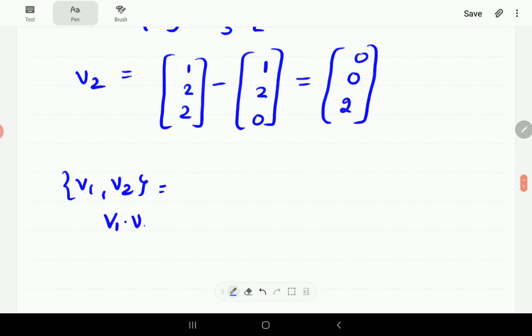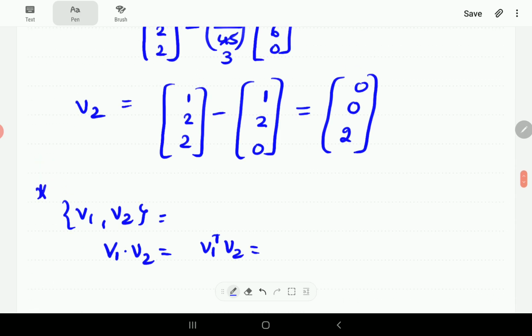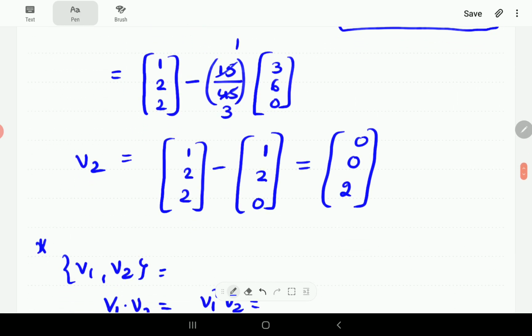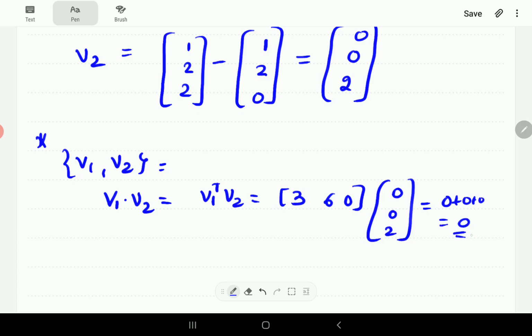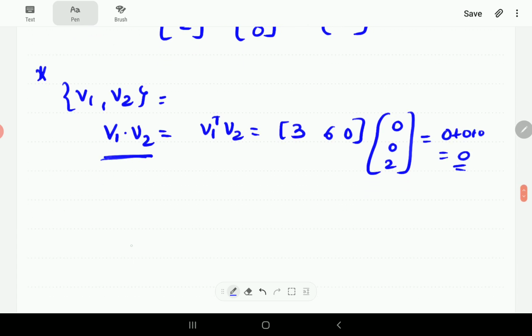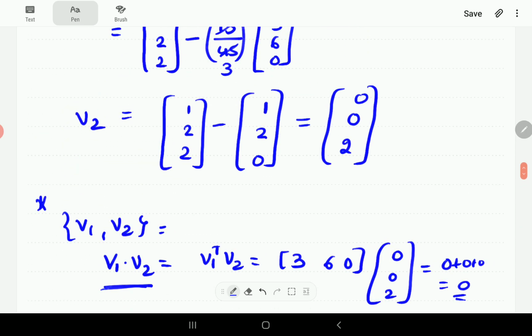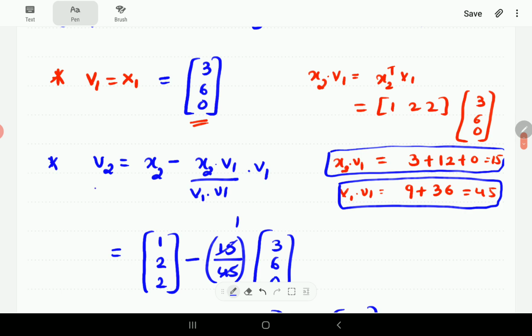So we check v1 dot v2, that is v1 transpose v2. v1 is 3, 6, 0 and v2 is 0, 0, 2. This is 0 plus 0 plus 0, which is equal to 0. So the inner product v1 dot v2 is 0, hence they are orthogonal. Therefore the v1 and v2 we have got are an orthogonal basis.